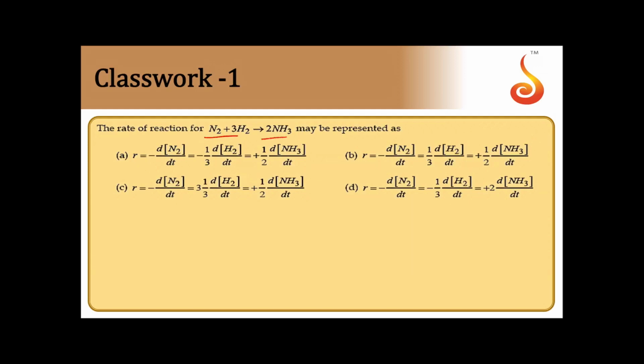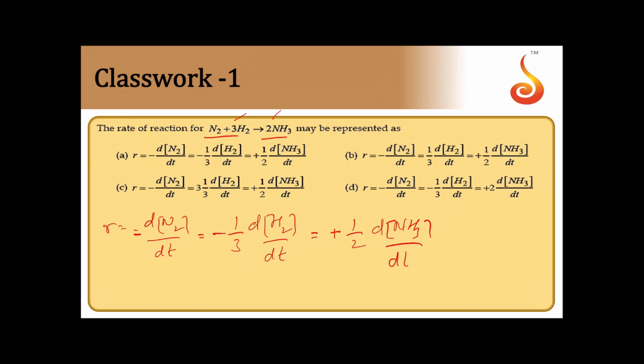So rate is given as minus dN2 by dt, also equal to, the coefficient of hydrogen is 3 here, so minus 1 by 3 dH2 by dt, also equal to, now product positive value, so it will be plus 1 by 2 d of ammonia by dt here.